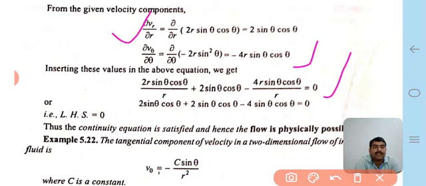Therefore the right hand side is equal to the left hand side, which is equal to 0. Thus the continuity equation is satisfied, and hence the flow is physically possible, and the fluid flow is continuous.